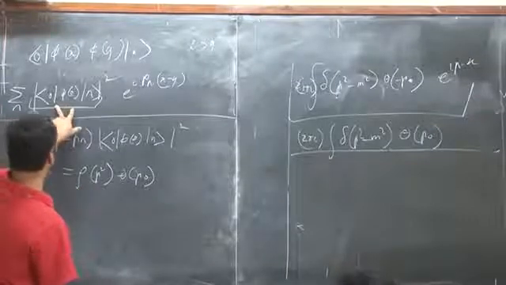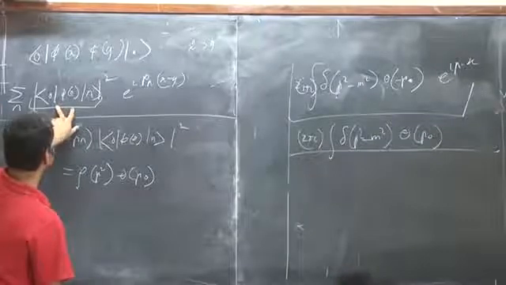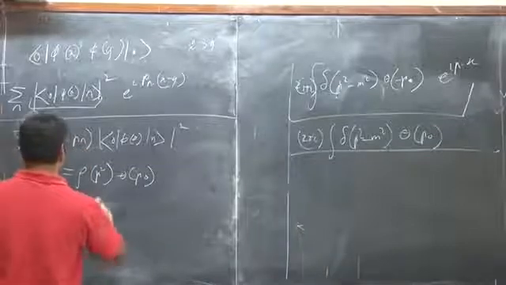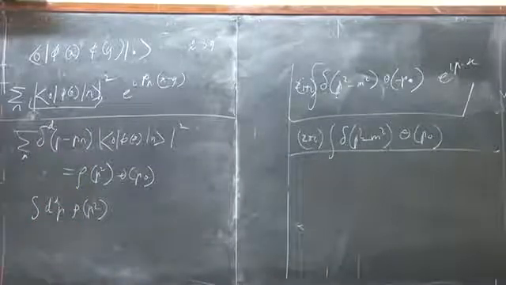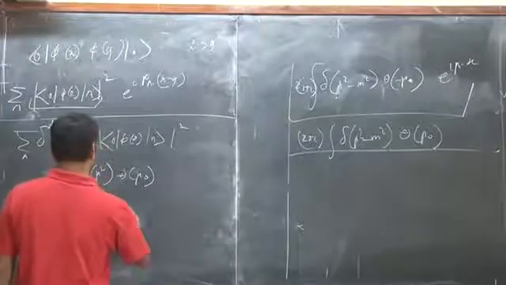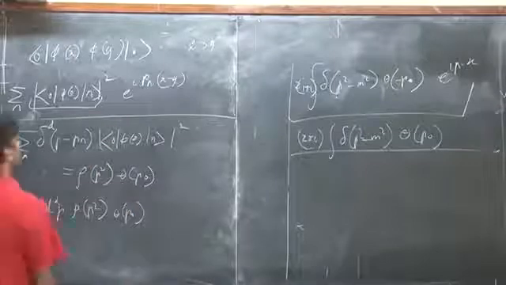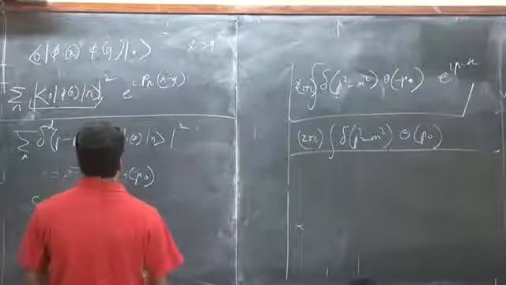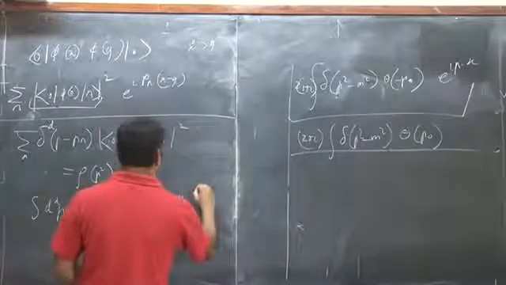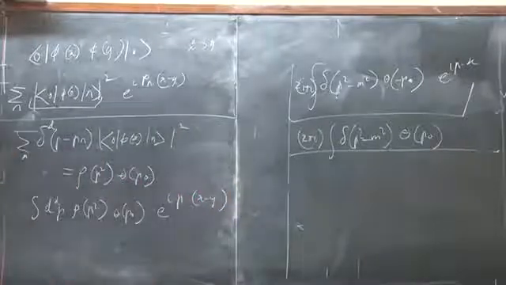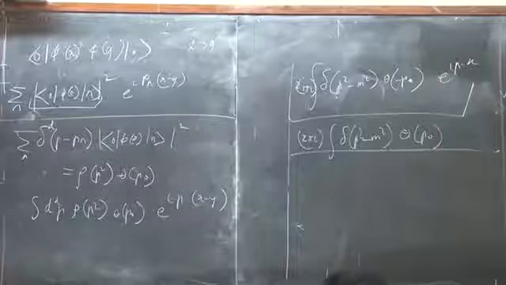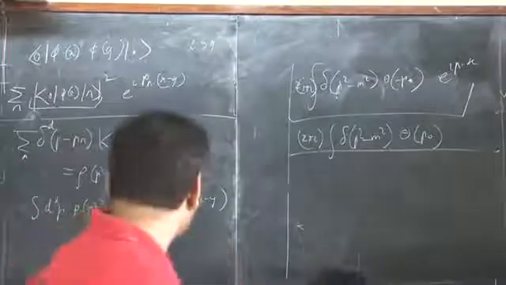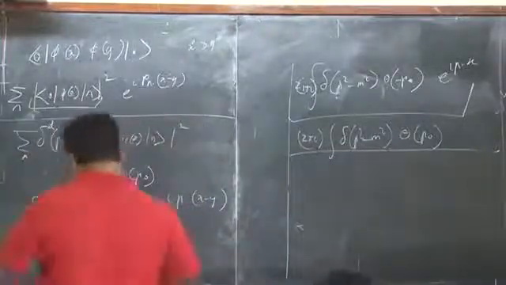This quantity here can be rewritten as the integral d^4p times rho of p squared times theta of p0, times e to the power i p dot x minus y. Just by plugging in the definition.